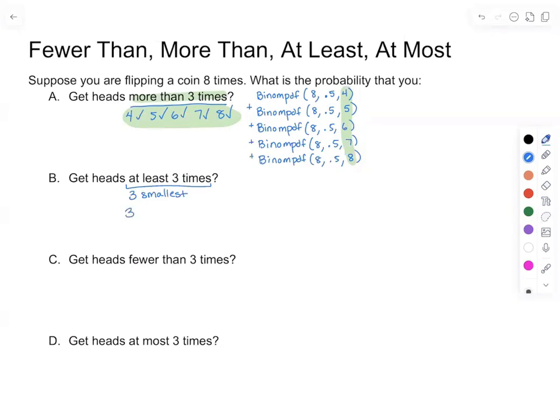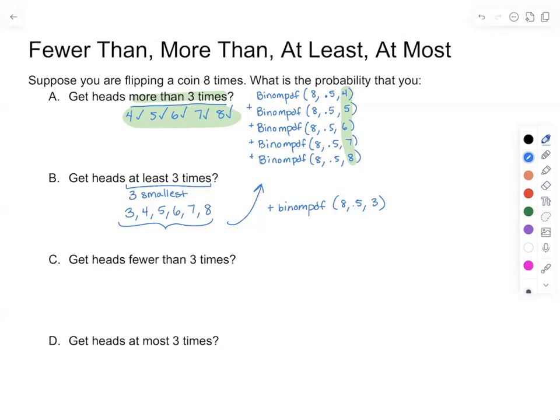And then if 3 is the smallest, I have to go bigger than that. So I'm going to have 3 and 4 and 5 and 6 and 7 and 8, and I'll have to do all of these probabilities and add them up. So it'll kind of be like this one, but I'll have to add on one more binom PDF for 3. So I'd add that into the ones I did before, and I would get the correct probability for this one.